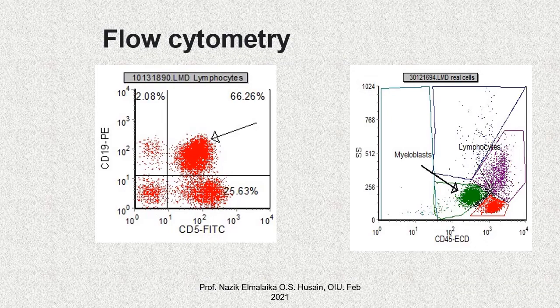So this is a CLL, chronic lymphocytic leukemia. In this example, besides the small number of lymphocytes, there are a lot of myeloblasts expressing CD45, which is the leukocyte common antigen. So this is acute myeloblastic leukemia.